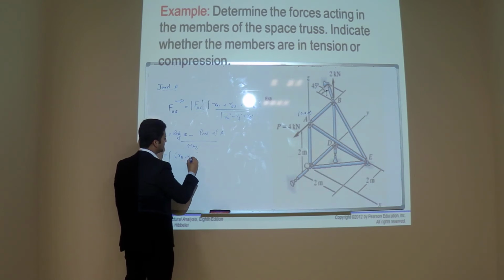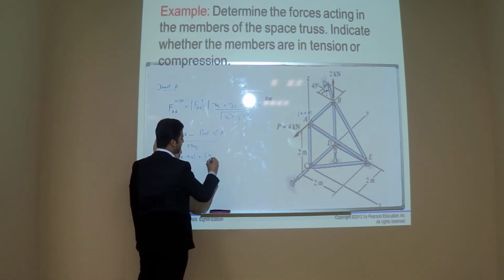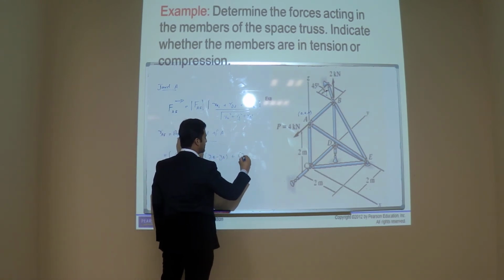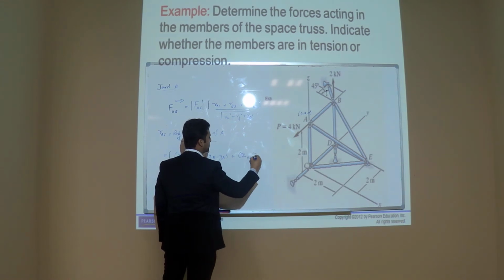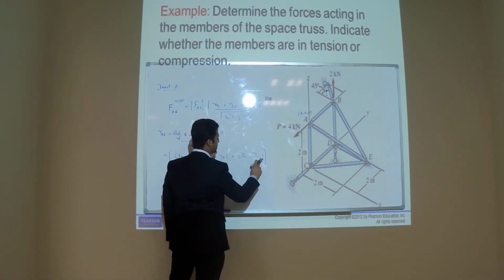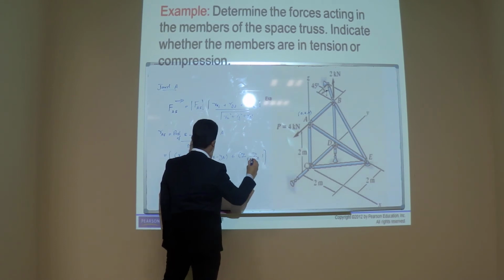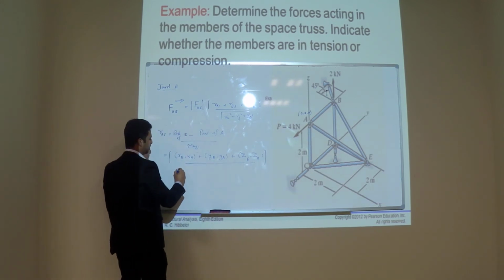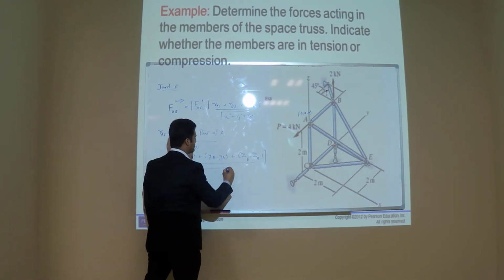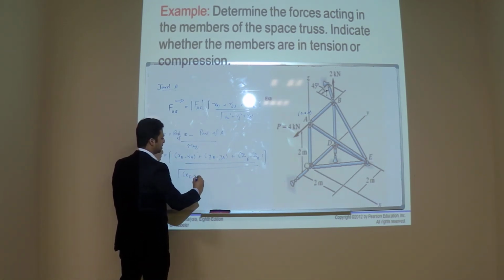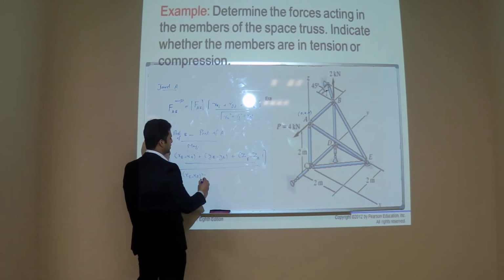So it will be XE minus XA times i, plus YE minus YA times j, plus ZE minus ZA times k, divided by the square root of all these things squared and added.